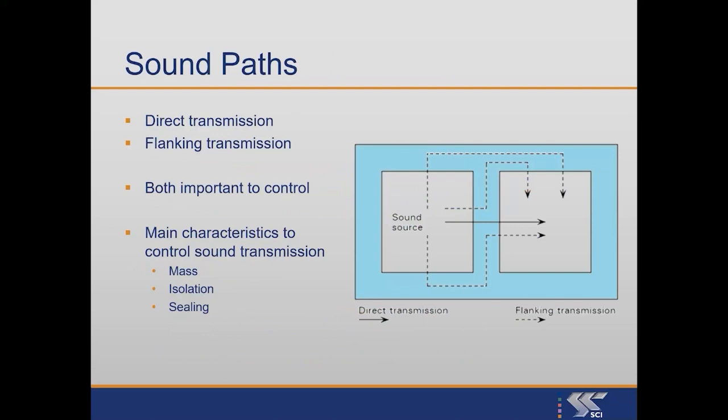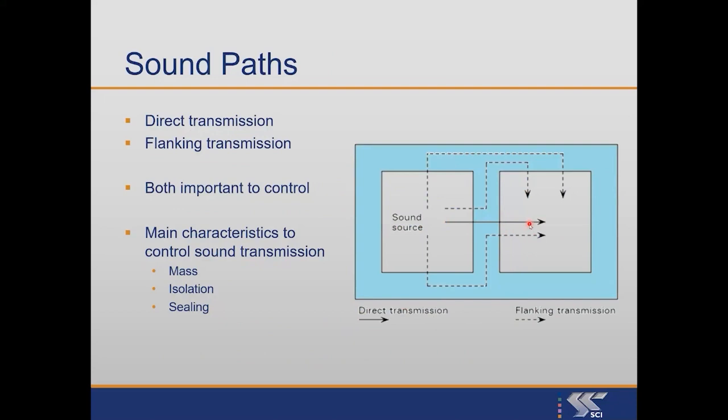As well as all of that, we need to think about how sound might physically travel from one space to the next. Obviously, the obvious one is a direct transmission through the separating element, so that solid line straight through the separating wall in this image, and that's what we call direct transmission.